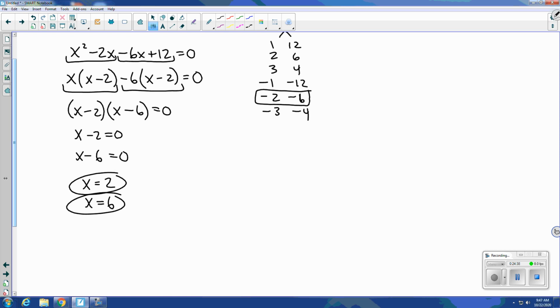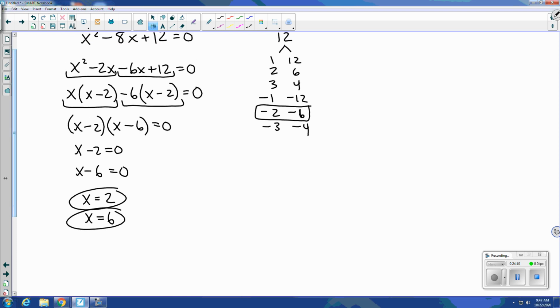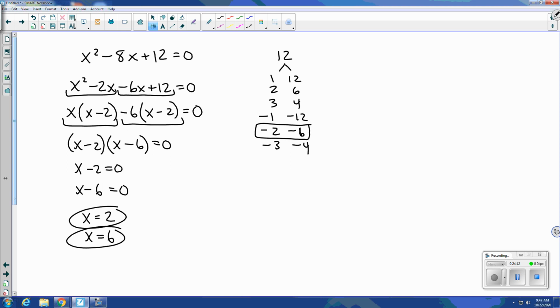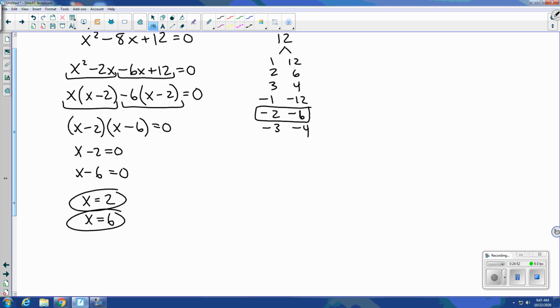Now there's a shortcut that pops up with quadratic trinomials, or just quadratics that have an a value of 1. So we can add that in. Shortcut with a equals 1.